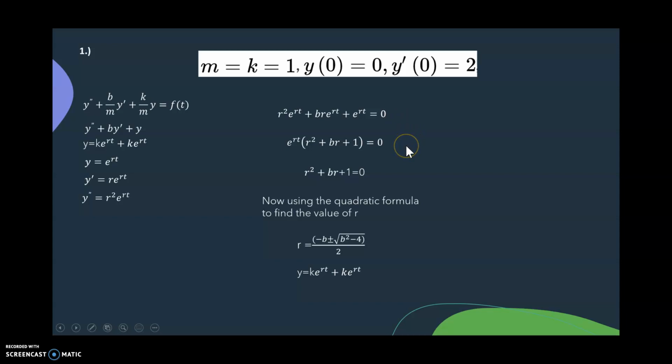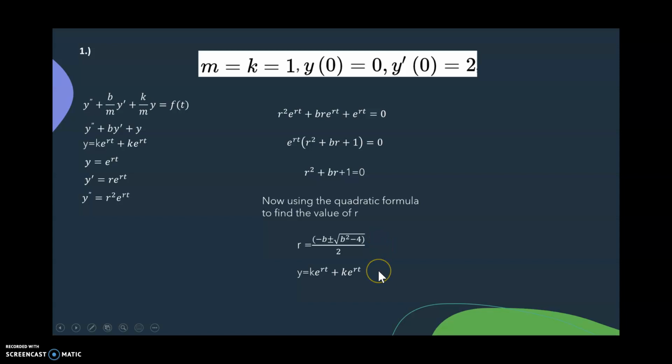We're able to take e to the rt power out, and we're just left with r squared plus br plus 1, which equals 0. Now we'll be using the quadratic formula in order to find the value of r, and r equals negative b plus or minus the square root of b squared minus 4, all divided by 2.